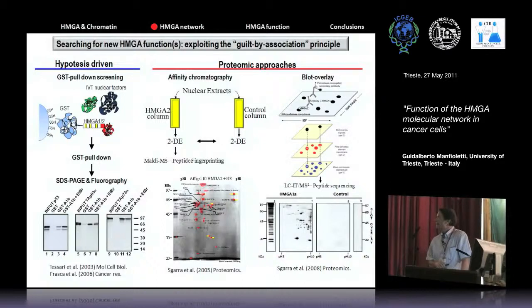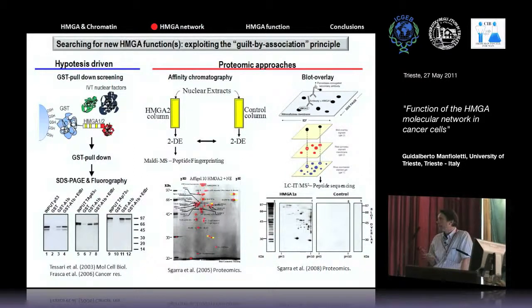We started a few years ago to identify molecular partners of HMGA using the hypothesis-driven approach. What we did was just to test in GST pull-down whether HMGA were able to bind nuclear proteins that were associated with tumor progression and tumor transformation.